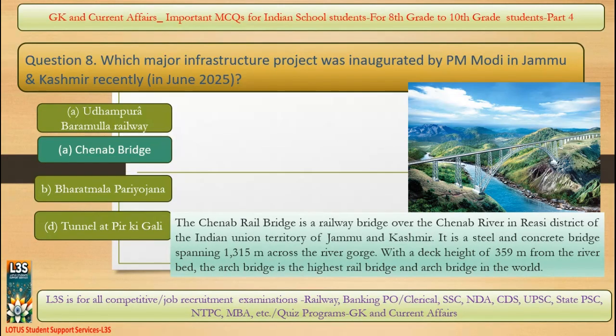It's a steel and concrete bridge spanning 1,315 meters, and its deck height is 359 meters from the river bed, and it is the highest rail bridge and arch bridge in the world.